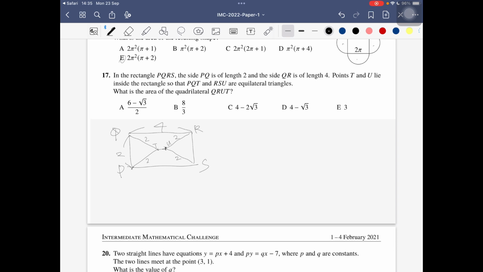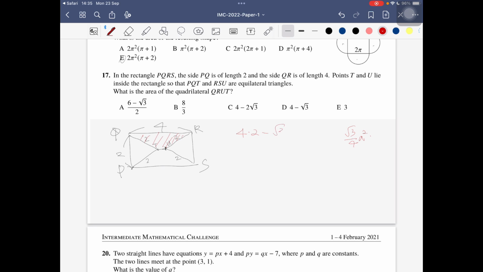Okay, because it asks us about the area, we can find the area of the rectangle, subtract the 2 equilateral triangles and divide by 2. Then that's the answer. So rectangle 4 times 2 minus the equilateral triangles. There is a formula for the area, square root of 3 over 4 a squared, where a is the side length.